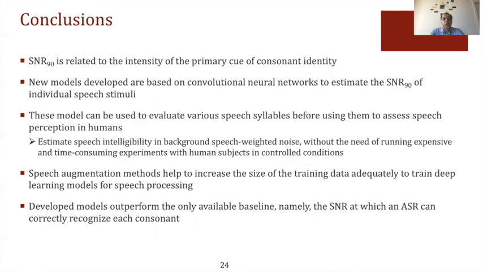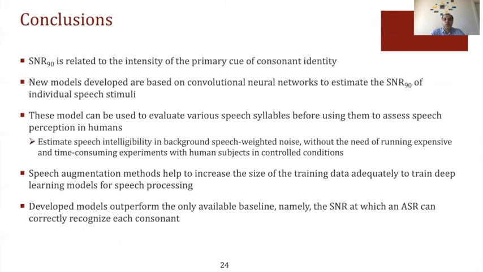In conclusion, we can say that the SNR90 is related to the intensity of the primary cue. The models developed here, based on convolutional neural nets, estimate the SNR90. So these models can be used to evaluate a speech syllabus before using it in speech perception experiments with humans.